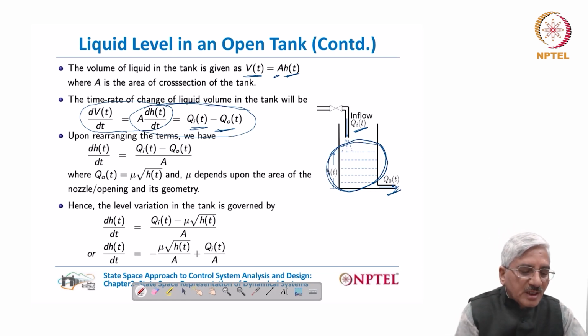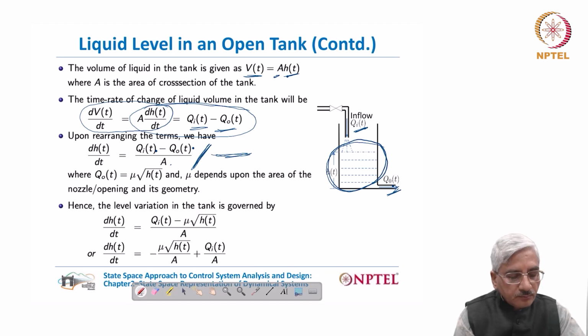We divide throughout by A, so we obtain dH by dt equal to Qi minus Qo divided by the area of cross section A. This is the differential equation governing the liquid level variation with time in the tank.